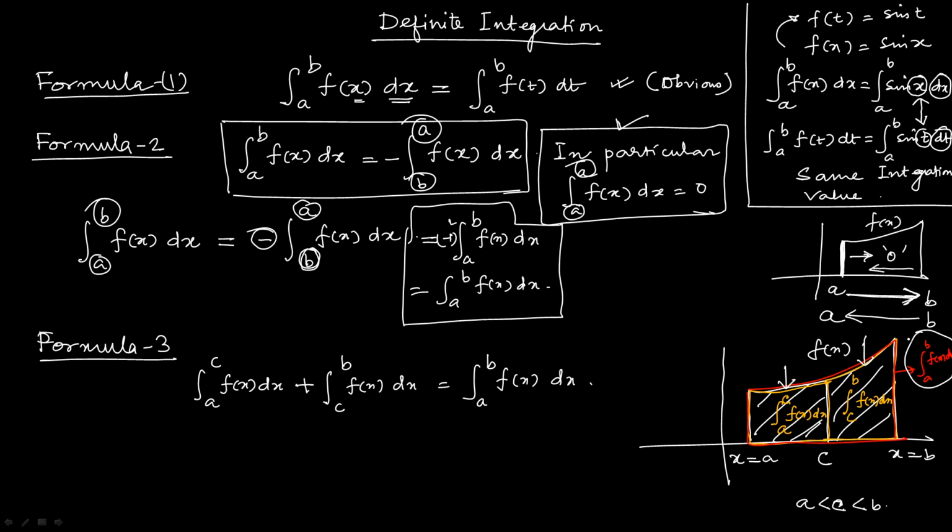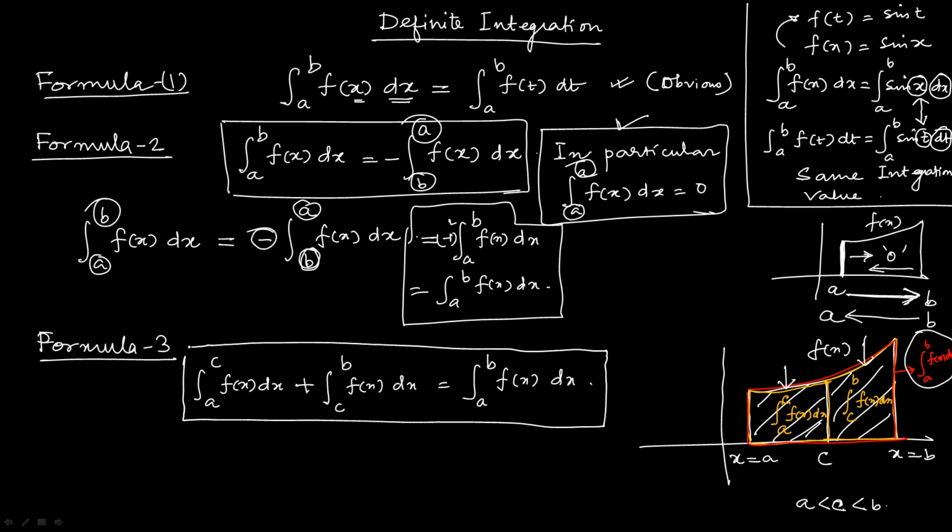Right or wrong? When I divide the integration at some point c, the sum of both integrals gives the original integration. Now let us go to the next formula.